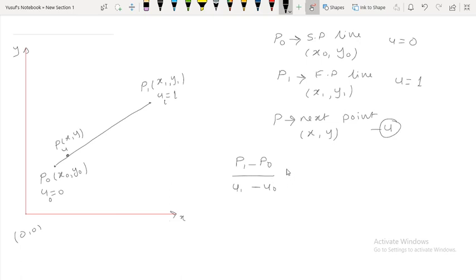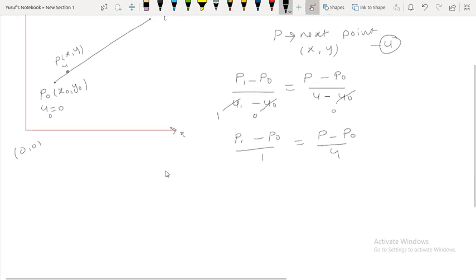Okay, then equal to p, the next point on the line, minus the start point, divided by u minus u0. So u1 is 1 and u0 is 0. So you can write p1 minus p0 divided by 1 equal to p minus p0 divided by u.